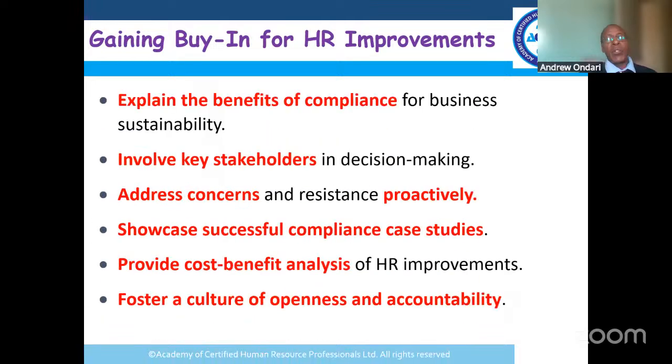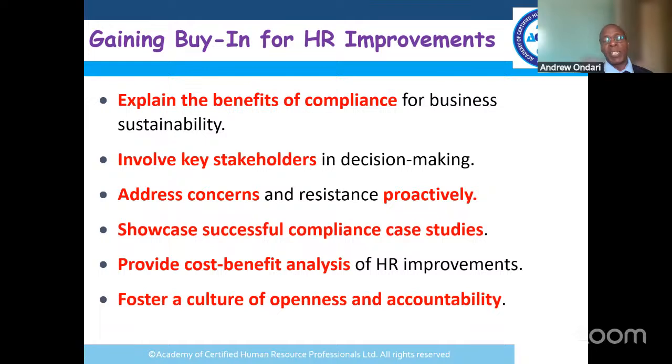Second last is how do we ensure that all the stakeholders accept the findings? Number one, you explain the benefits of complying, particularly to the chief executives or the leaders of the organization. Benefits. Like we said, we do a cost-benefit analysis, and if the benefits are more than the costs, then we implement. So we explain these benefits.